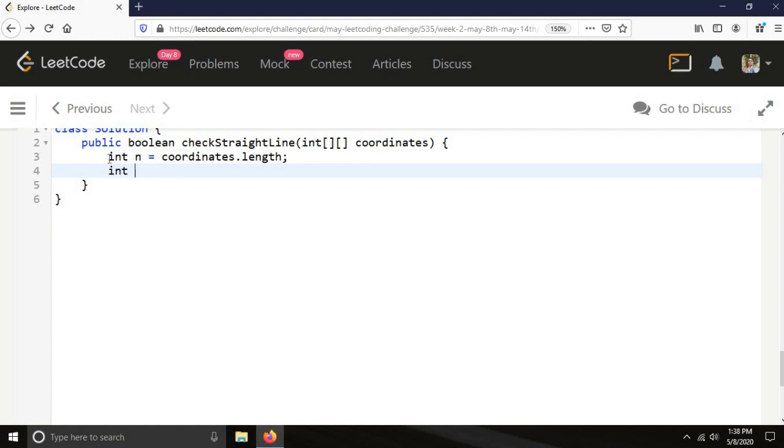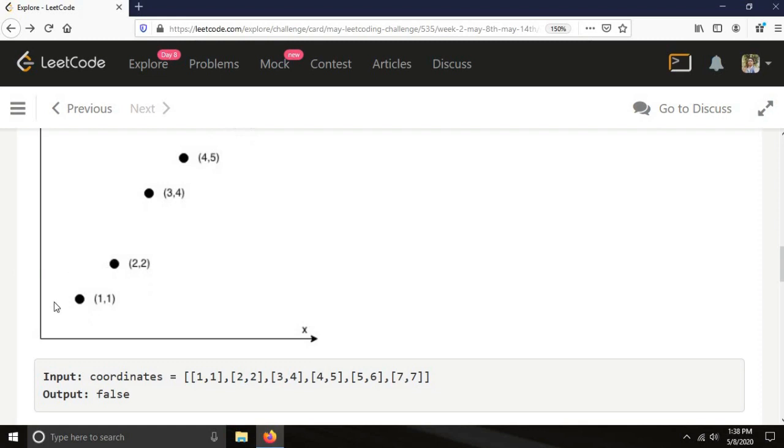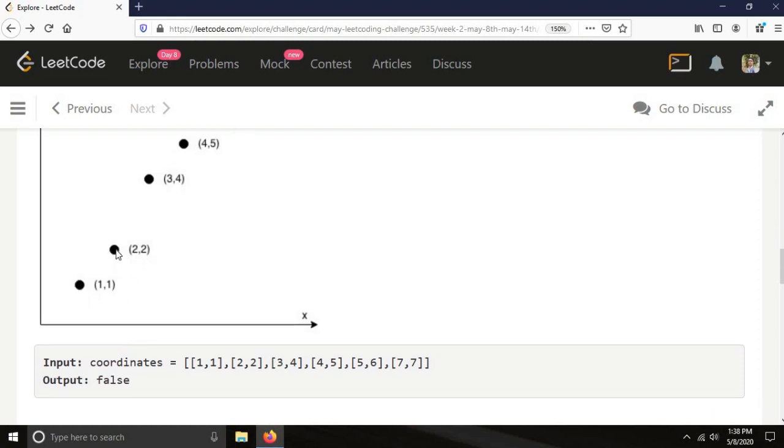Before checking the initial slope, let us suppose the number of points is only 2. If the number of points is 2, then it is always linear, because we can connect any 2 points and the line will always be straight.